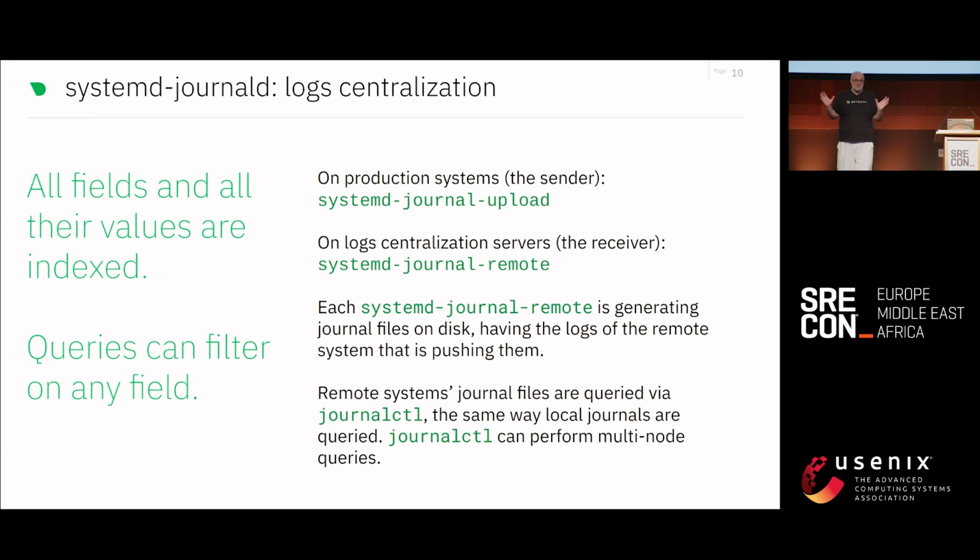This thing sits there, listens on a port, accepts connections from systemd journal upload, and stores the data to files. This way, you can actually move your logs around, or build one or multiple centralization points within your infrastructure.